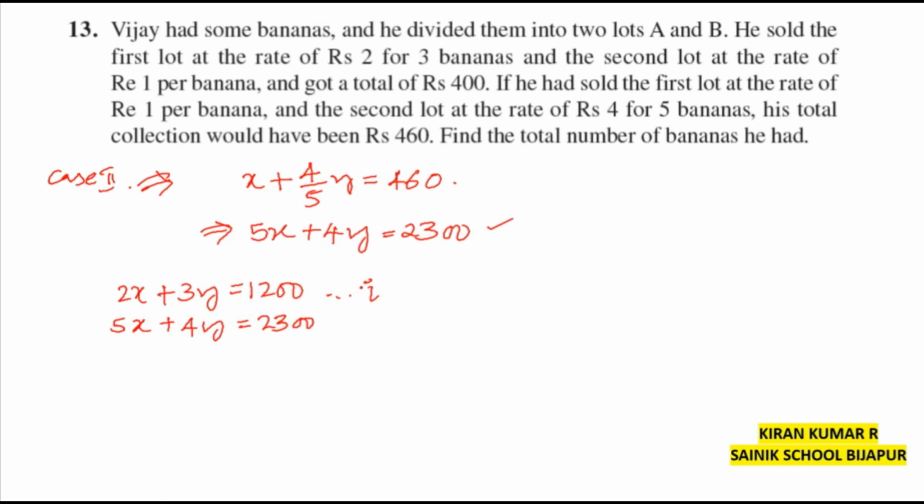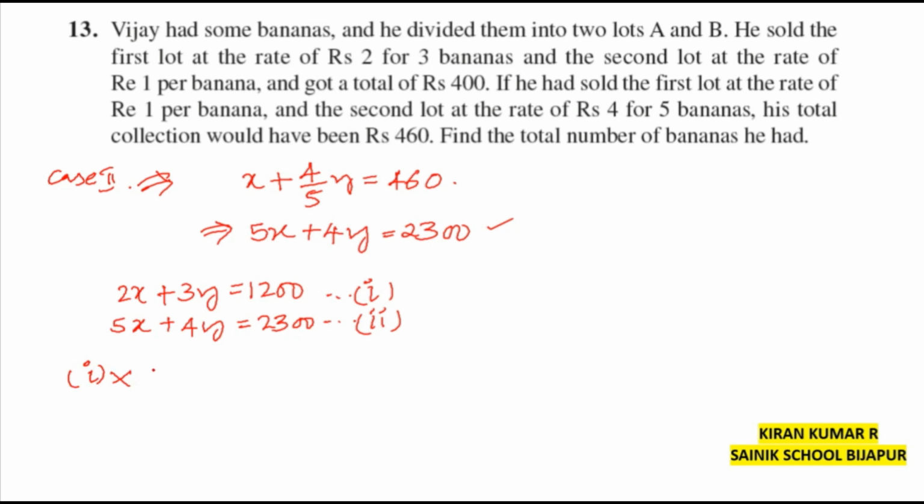Let me name this equation 1 and this equation 2. Now for elimination, the simplest thing is to multiply the first equation by 4 and the second equation by 3. If you do that, y can be eliminated.